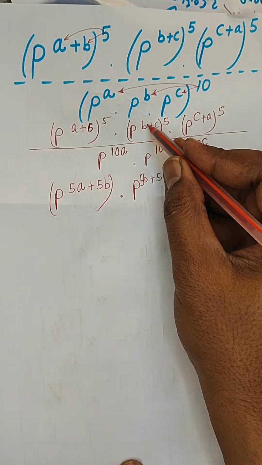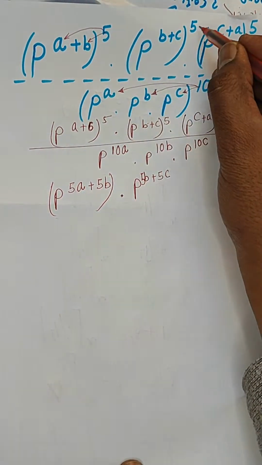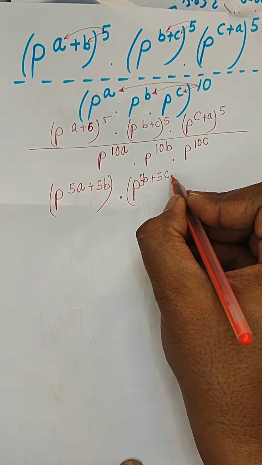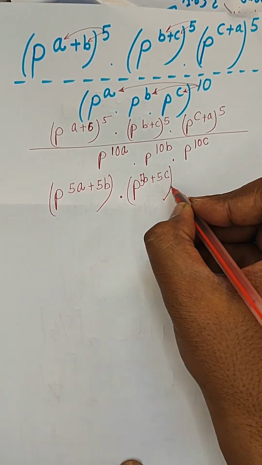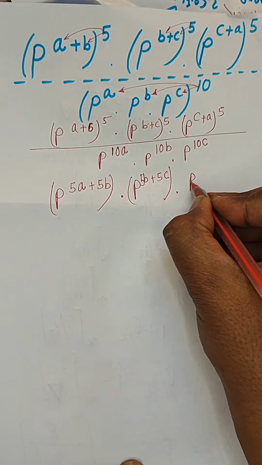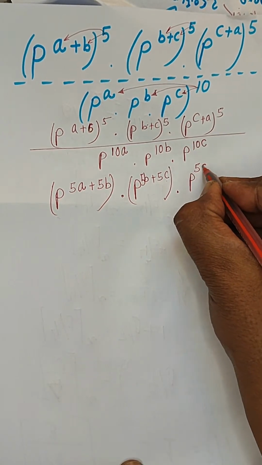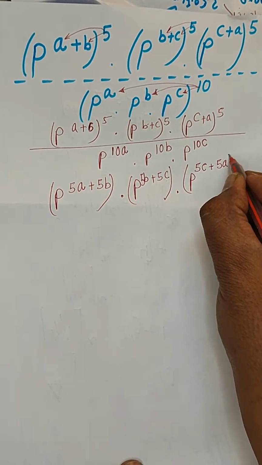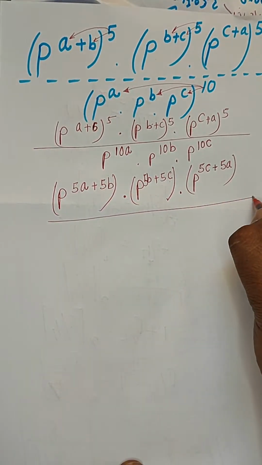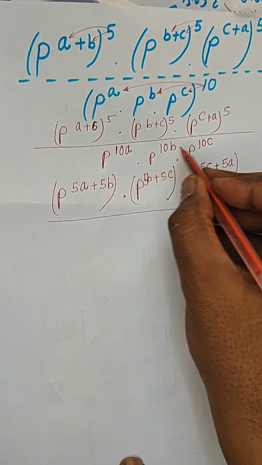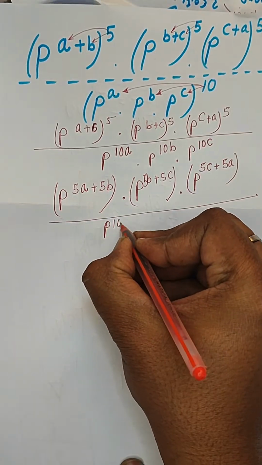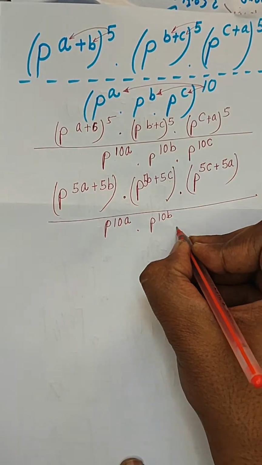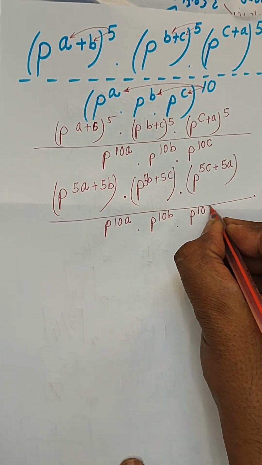Here 5 is multiplying as we did earlier, because 5b and 5c are in the exponent, and also p^(5c+5a), all divided by p^(10a), p^(10b), p^(10c).